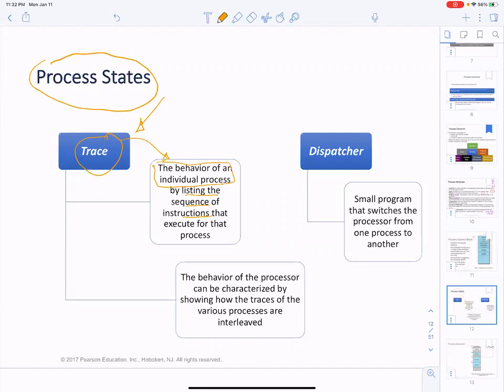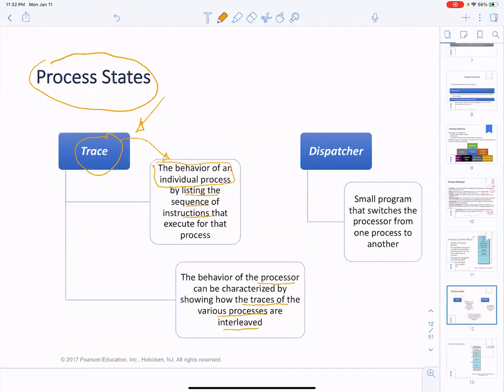And at this point, if you would like to monitor the behavior of the processor, it's easy to just show the traces of the various processes that are interleaved. So when we monitor the behavior of the processor, it's all about how the processes will switch among each other in terms of the running time.